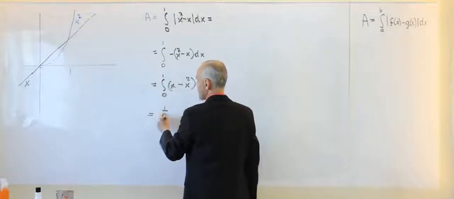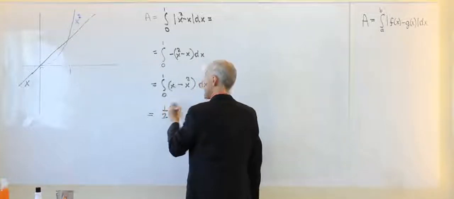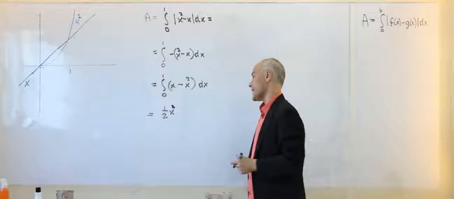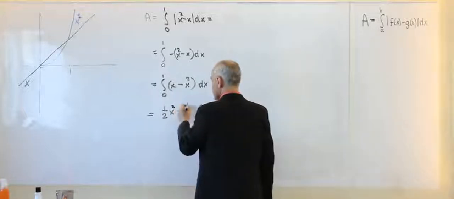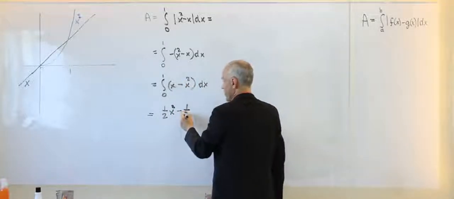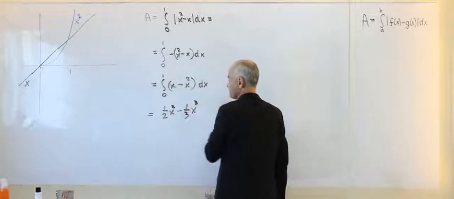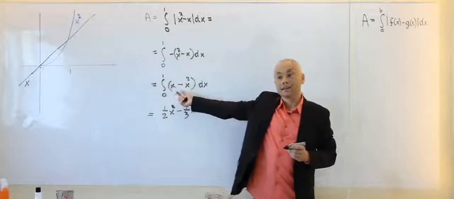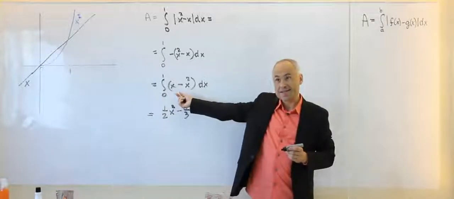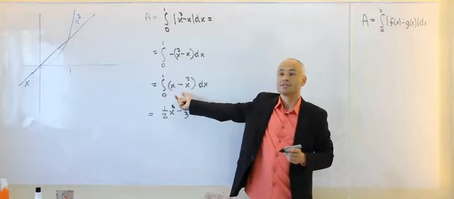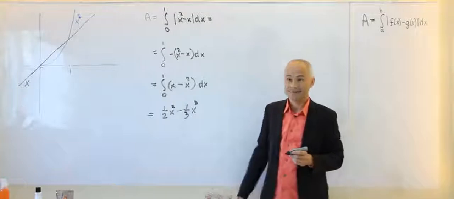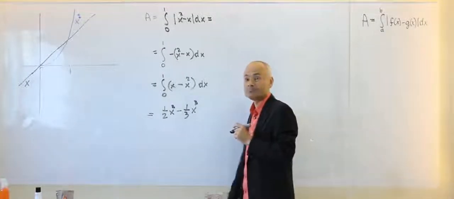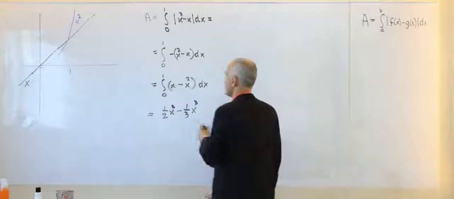It's 1/2 x squared plus a constant, but here we don't need to write a constant because we just look for any antiderivative, minus 1/3 x cubed. Remember, I'm using this formula that the integral of x to the n dx is equal to 1 over n plus 1 times x to the n plus 1. That's calculus 1, right? A table of antiderivatives.